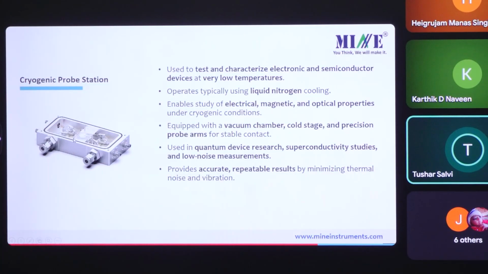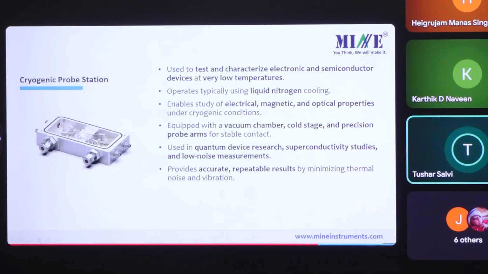Because this is a metal block, if we put a heater inside, we can change the temperature in the positive direction. If you don't want to work in the positive direction, we can provide liquid nitrogen from inside through this point.